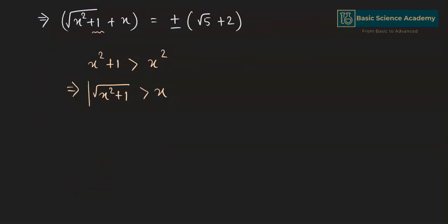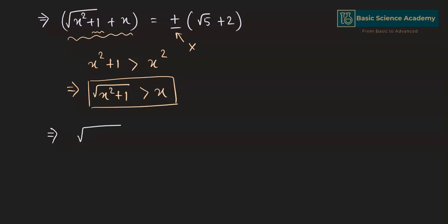Since square root of x square plus 1 is greater than x, this value can never be negative, hence we can ignore the negative sign. Now the equation becomes square root of x square plus 1 plus x equals square root 5 plus 2.